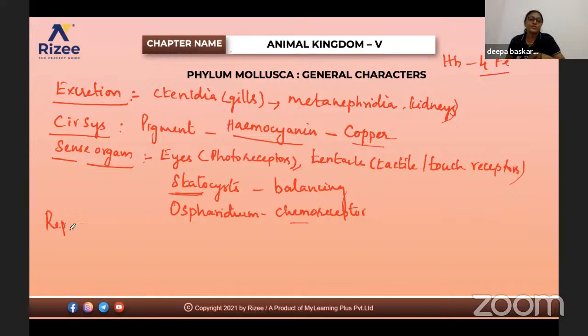And last is reproduction. We have already discussed that they are dioecious, so sexes are separate. Let us talk about fertilization. They have two gonads, just as we have two ovaries. Sexes are separate.